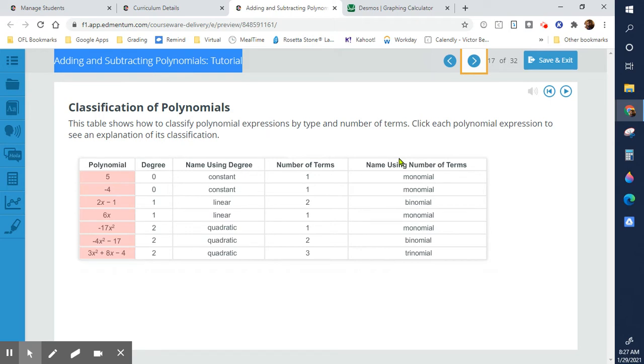So when we're looking at this, we can classify polynomials by their degree, and we can also classify them by the number of terms. So like I was mentioning before, I had a quadratic binomial. So something like this with a constant instead of a linear function, but this is a quadratic binomial.